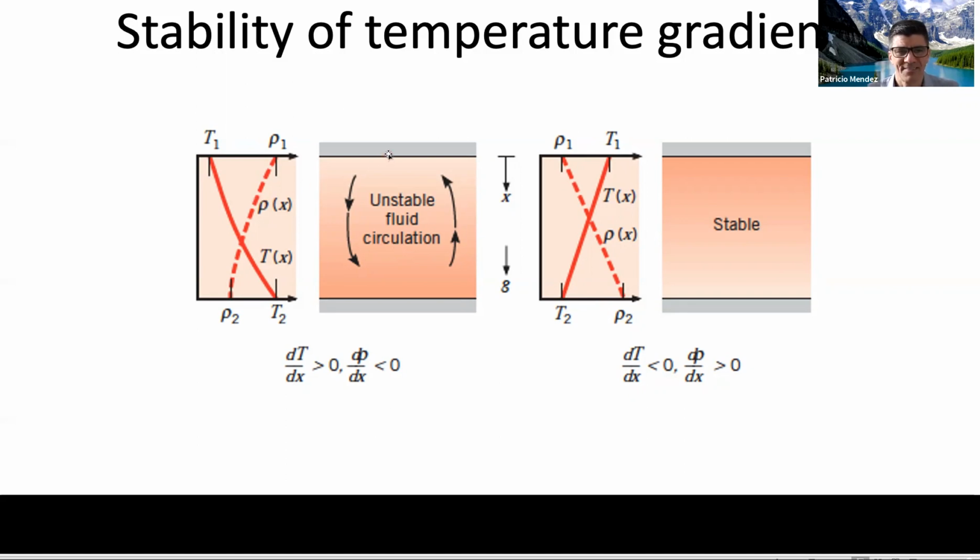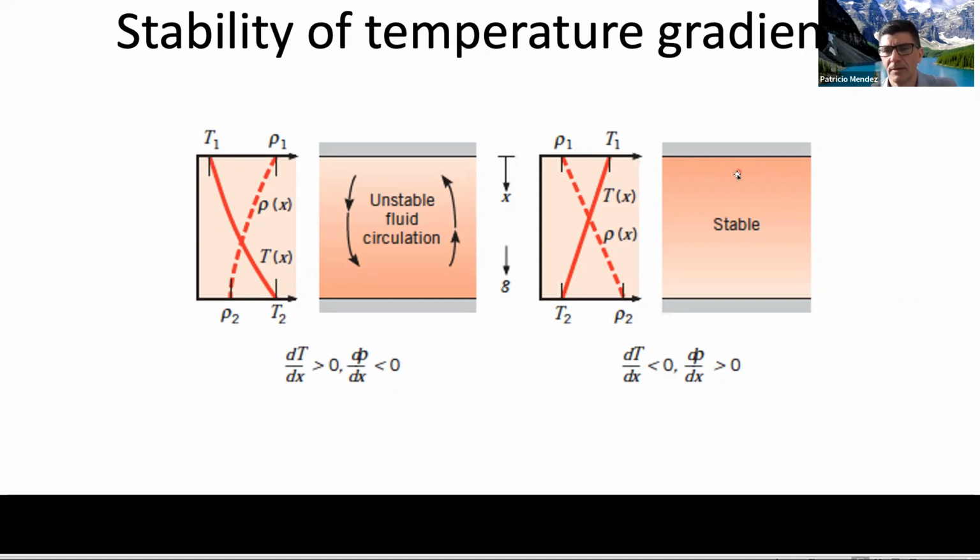Let's assume that fluids expand with heat. It's not always the case, I'm going to tell you some exceptions, but almost always it is the case. Let's start with the one here on the right, where the top is hotter.